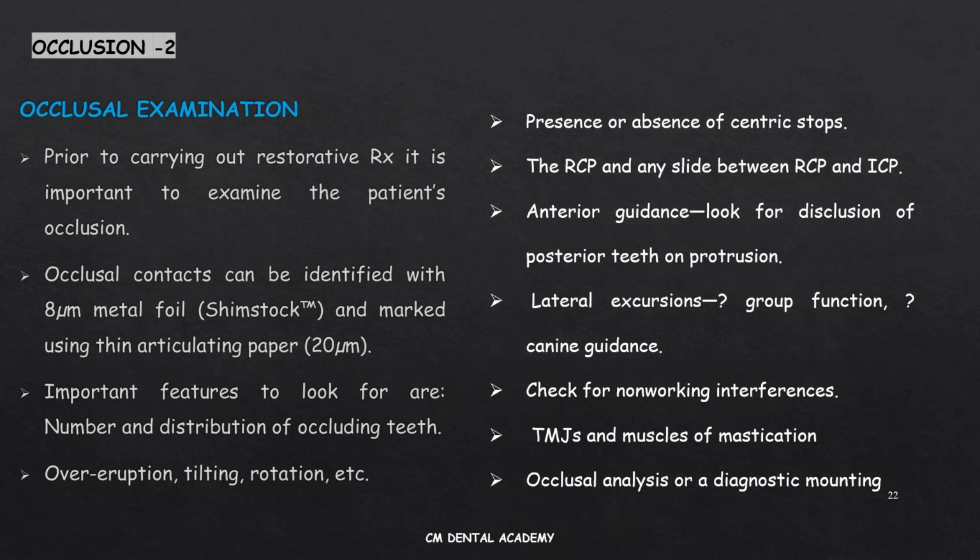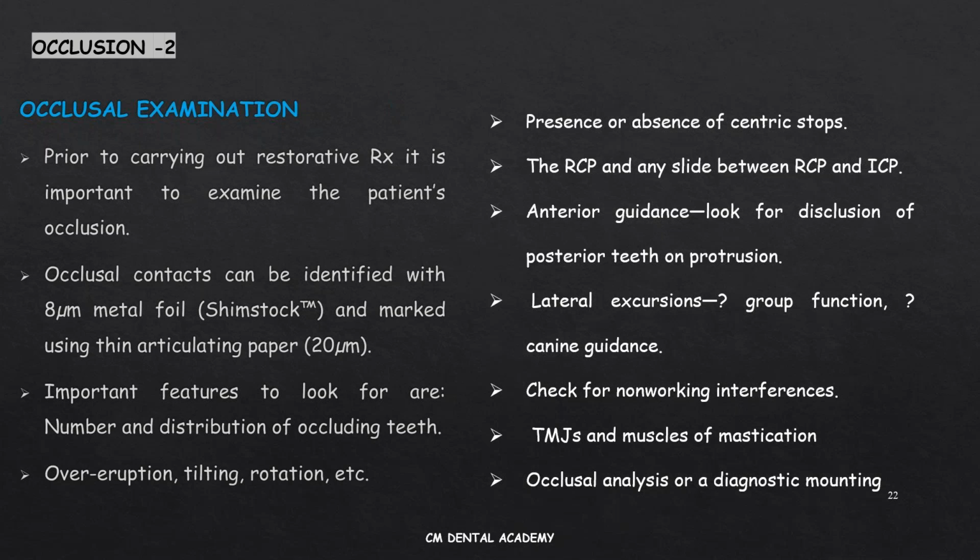The contacts can be identified with 8 micrometer metal foil and marked using thin articulating paper. This is just recording the contact points before performing any kind of treatment. Important features to look for are the number and distribution of occluding teeth, which have to be recorded.